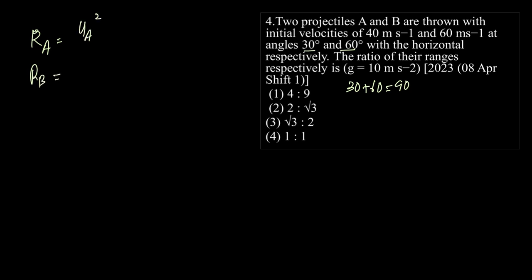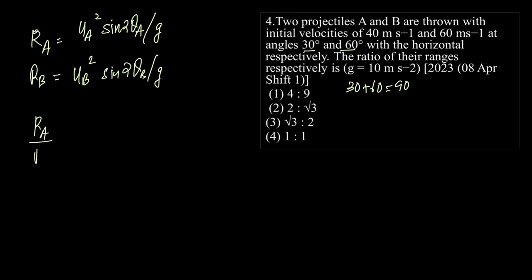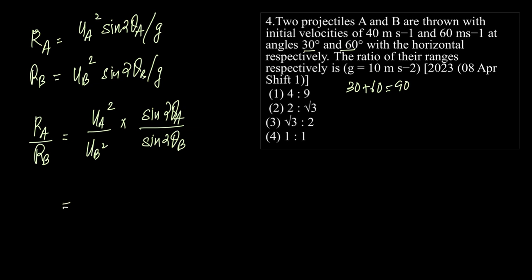So what is RA? RA will be UA square sine 2 theta A by G, and RB will be UB square sine 2 theta B the whole upon G. In which case, RA by RB will be equal to UA square upon UB square into sine 2 theta A by sine 2 theta B. What is UA?